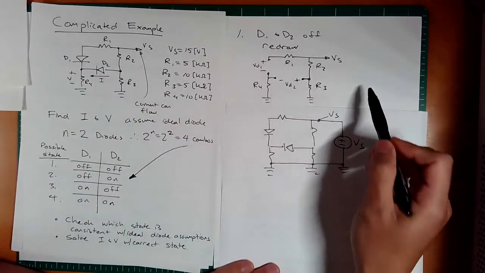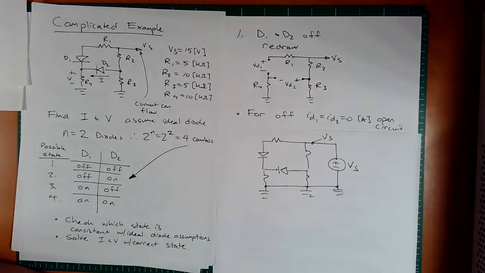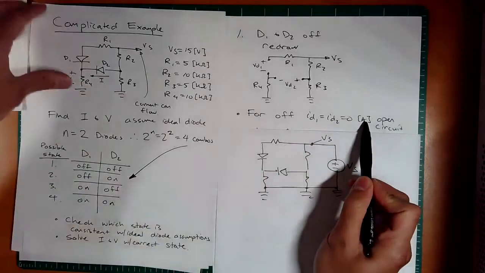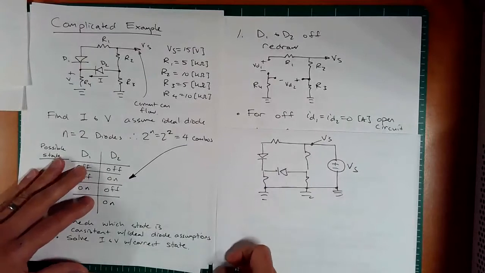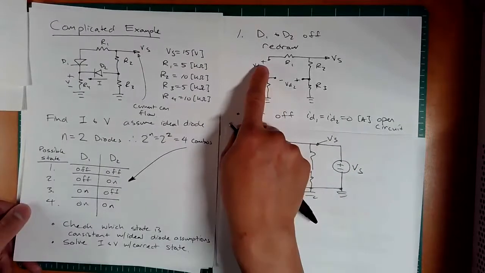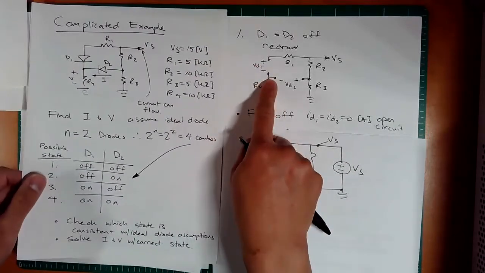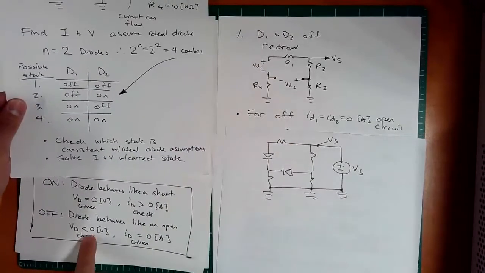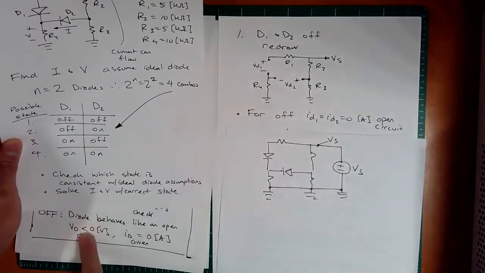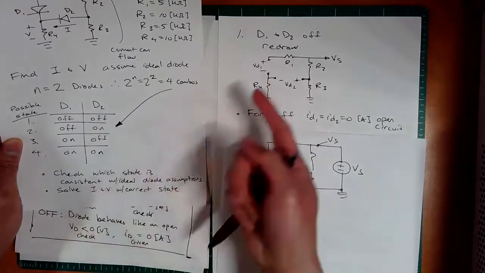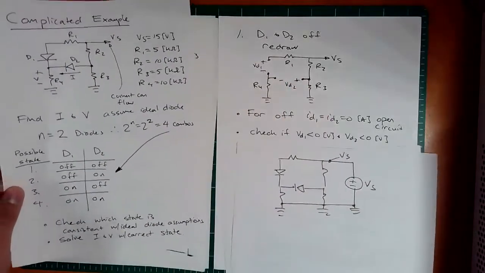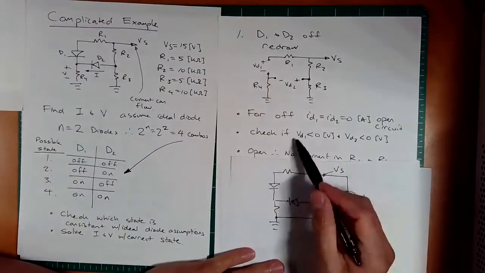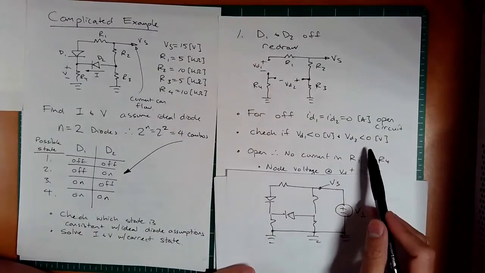Don't get that messed up. All right, so then we have ID equals 0, and we need to verify that voltage is actually negative, because this would only be an open circuit if we had a reverse bias situation, right? So we need to check this one right here. If this ends up being a positive number, well, that's incorrect. So we need VD1 and VD2 to be negative.